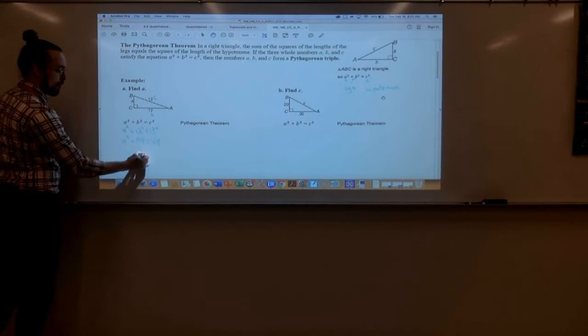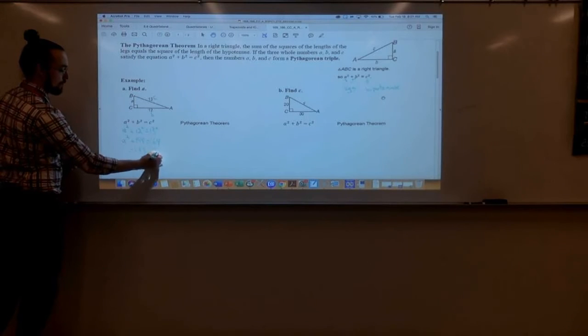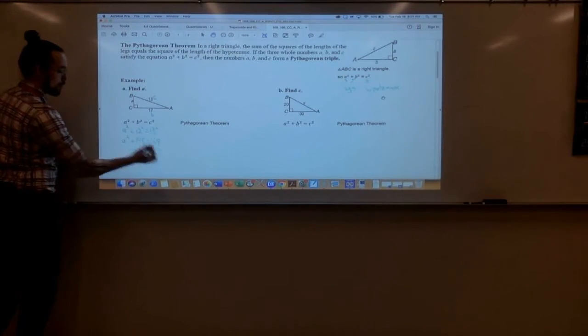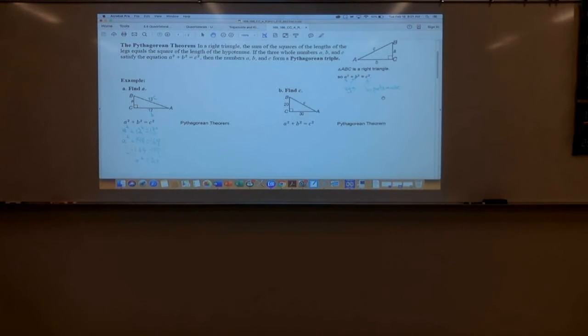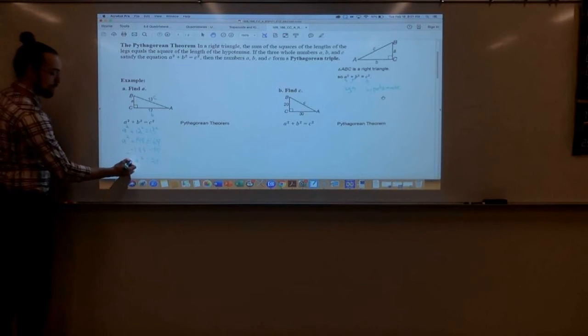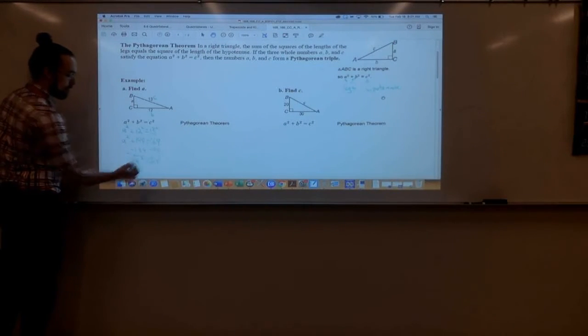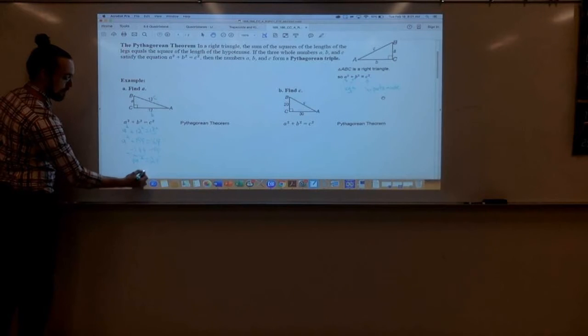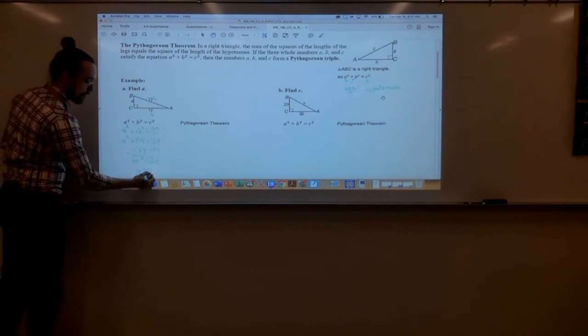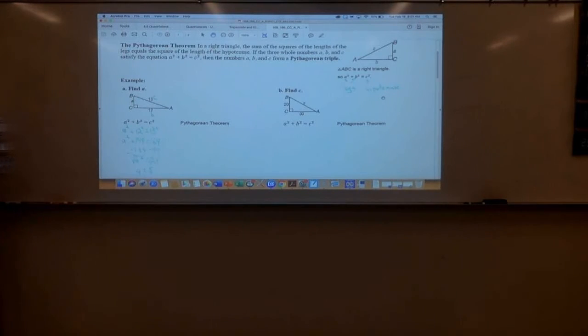Subtract the 144 over. Yep, we get a squared equals 25. And then the final step, to get rid of this square, we need to take the square root of both sides. And that'll be 5. Square root of 25 is exactly 5. Okay? We okay with that process?